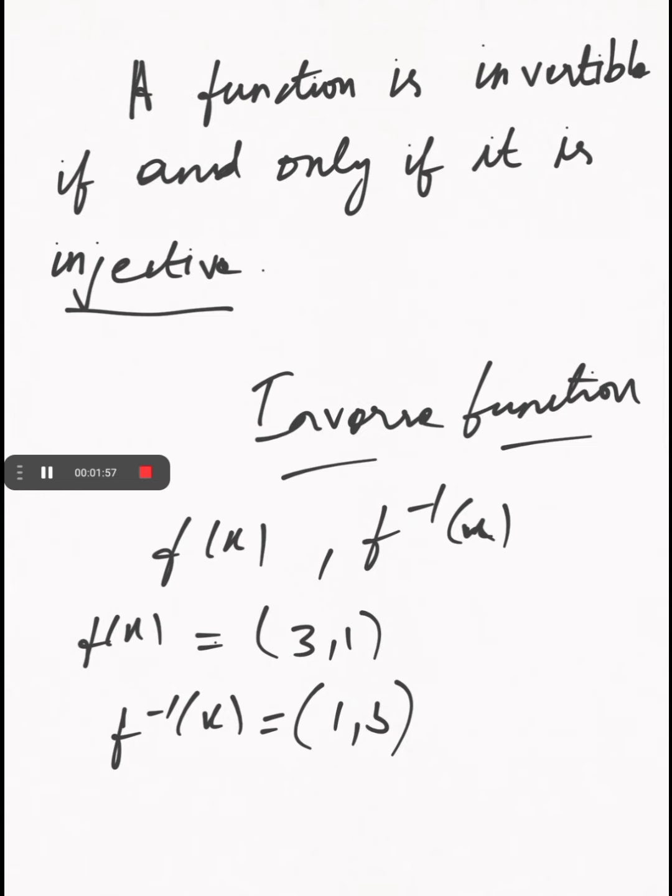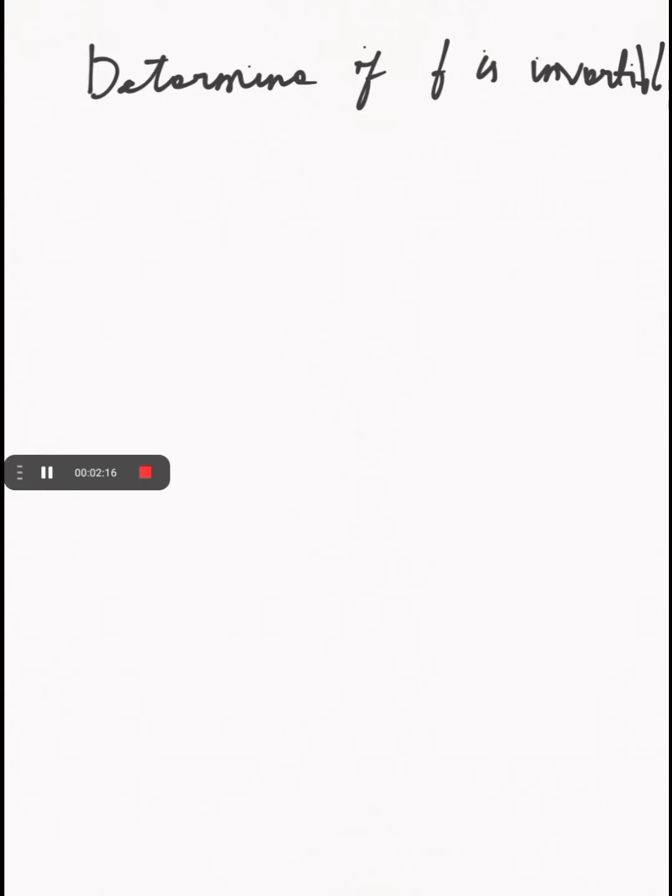Okay, another example. Determine if f is invertible. Invertible means one-to-one function. We need to determine whether the function is invertible, that is, identify whether the function is one-to-one or not.